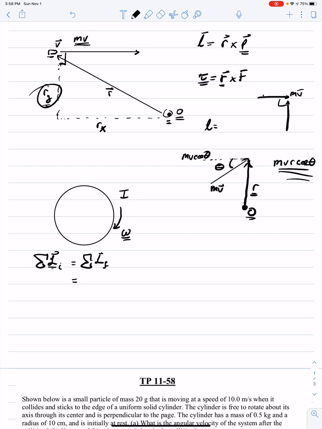Let's say that there is a bullet heading into a spherical shell or something to that effect. And this spherical shell is already rotating this way, right?